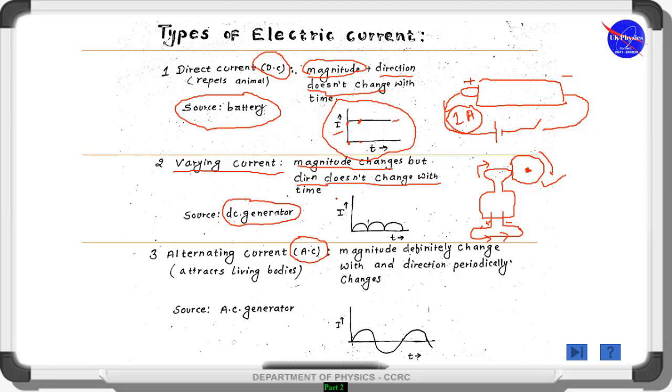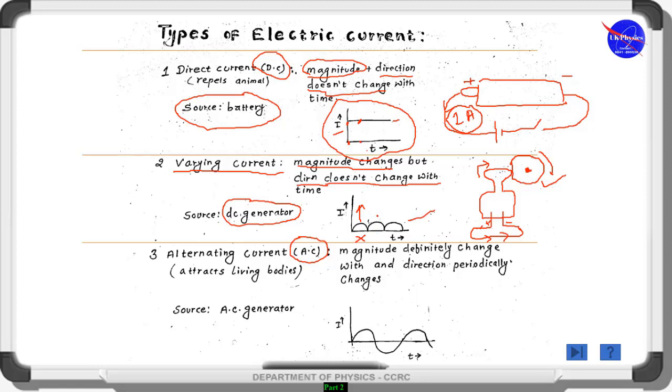I hope you understand. If we plot a graph of I versus t for varying current, the nature of the graph is like this. Here you can see the current exists only in the positive half cycle, but there is no flow of current in the negative half cycle.